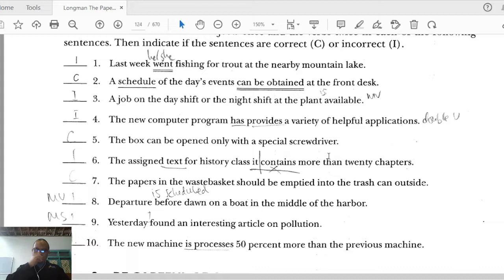So we don't need contains ya. So the assigned text for history class contains gitu aja ya. More than 20 chapter. Jadi nggak usah pakai contains and then text ya. Itu nggak usah didoublekan ininya ya. Okay.